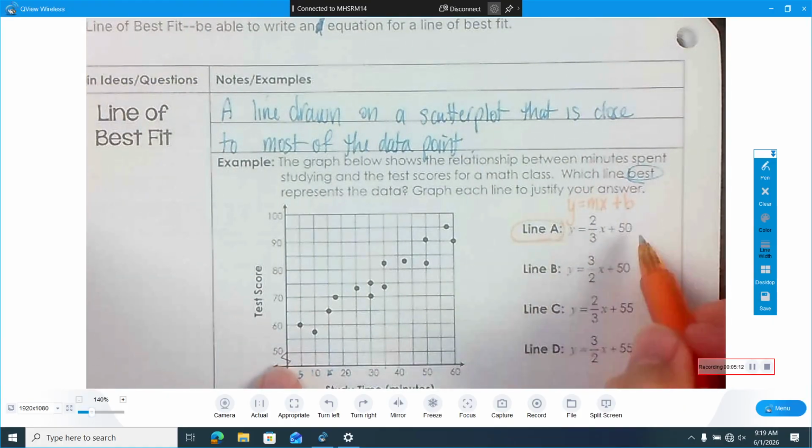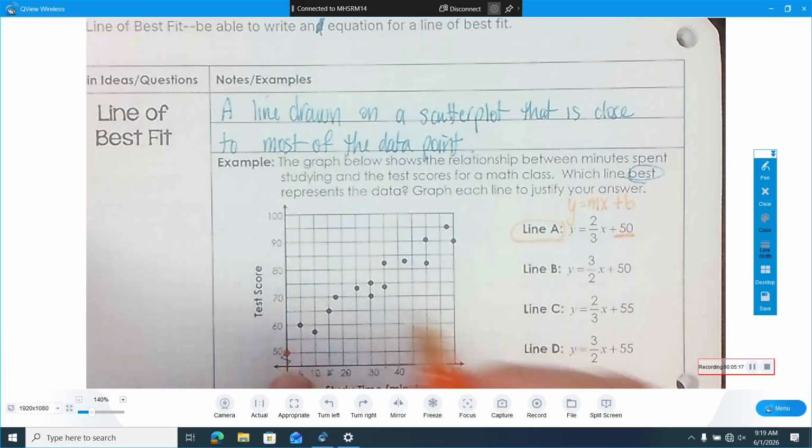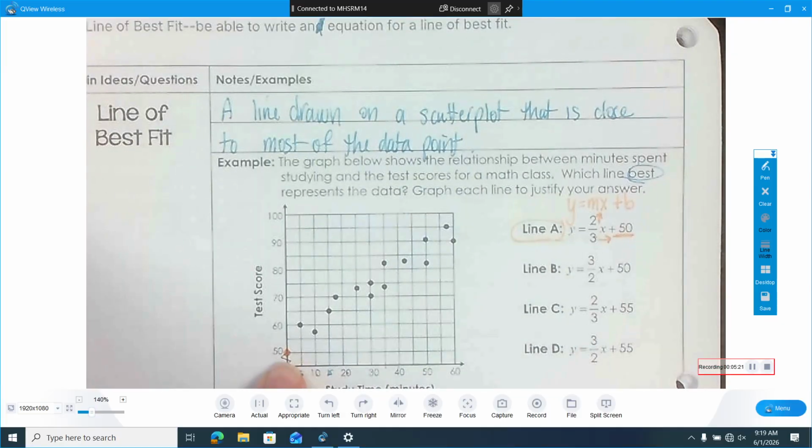So if I'm going to graph this, I'm going to start here at 50. So I'm going to put a dot right at 50. And then the slope is up 2 over 3. And this only works because we're counting by 5s, and that's in both directions.